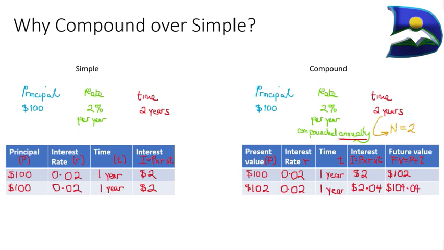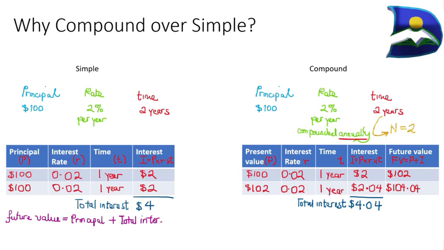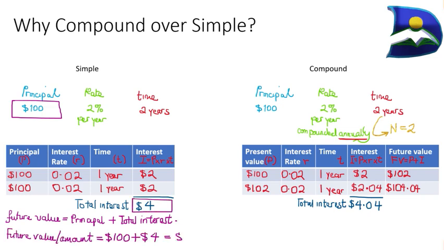$104.04. So what we realize here is that the total interest for the simple interest is 2 plus 2, which is $4. However, the compound interest is actually more by 4 cents. When we find the future value for the simple interest, the principal is $100 plus the total interest, which is $4, and that gives us $104.